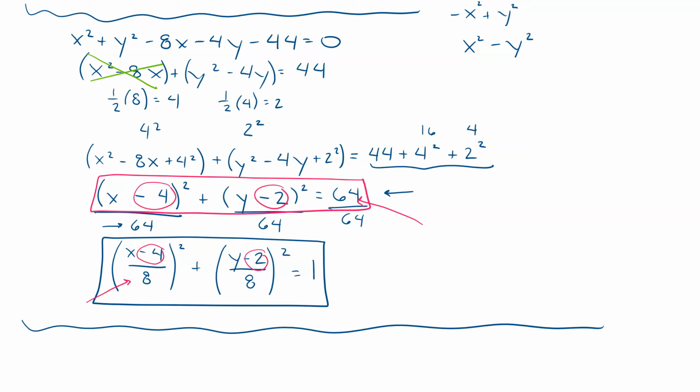Try this equation. See if you can get it to professional form all by yourself. We've got x squared plus y squared minus 4x minus 6y minus 12 equals 0. Now, remember, if I had wanted to, I could have started this in a different version.